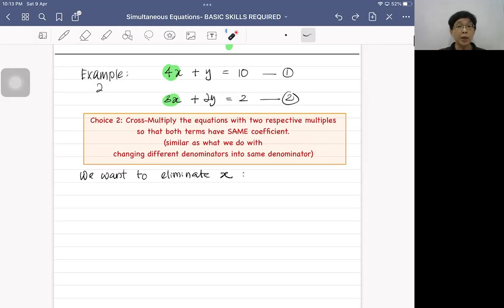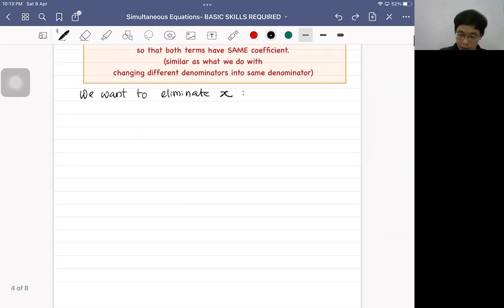We have all been faced with fractions with different denominators. When we need to do addition or subtraction of 2 or 3 or more fractions, we need to make sure all denominators are the same. Let me give you an illustration.